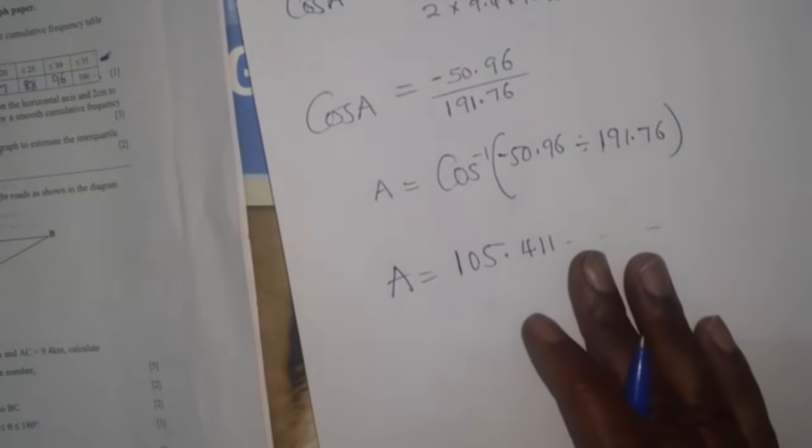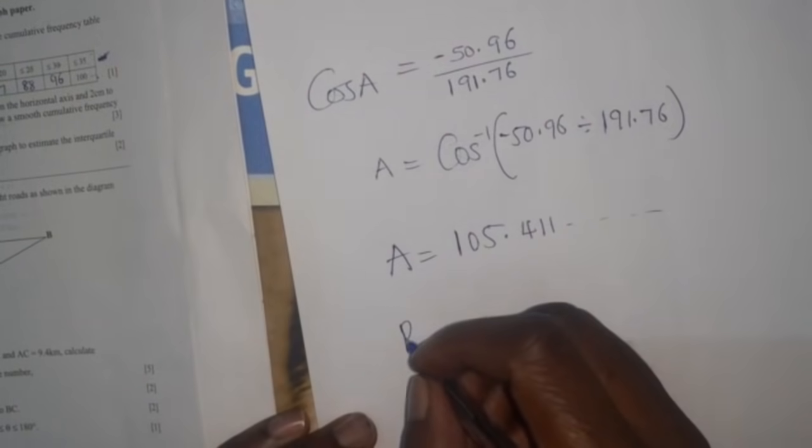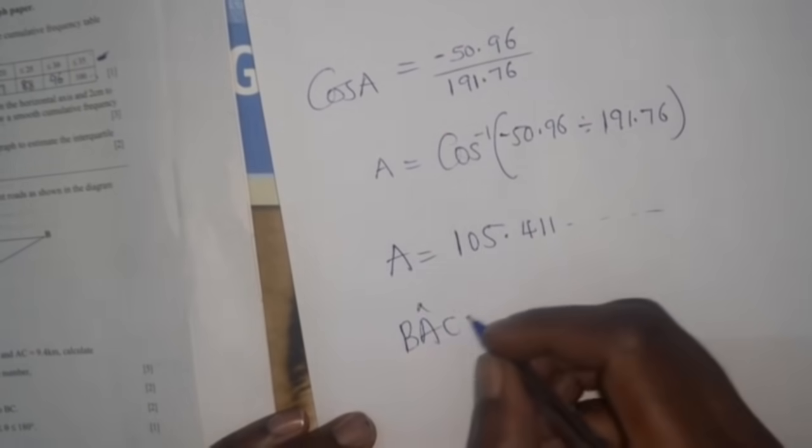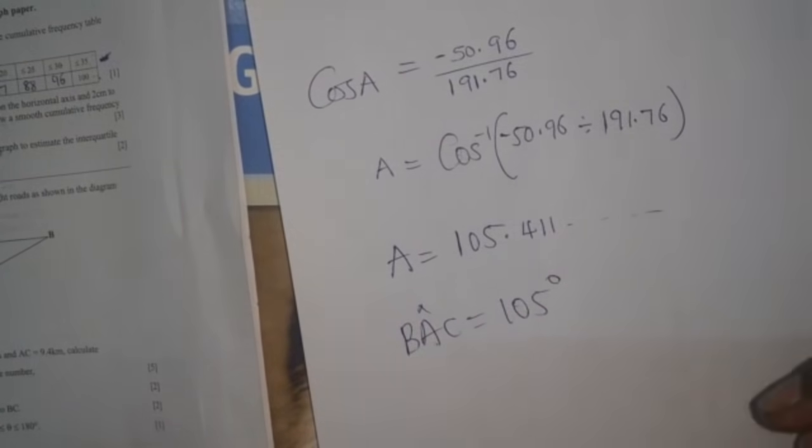But the question said to the nearest whole number. So BAC will be 105 degrees because the question said to the nearest whole number.